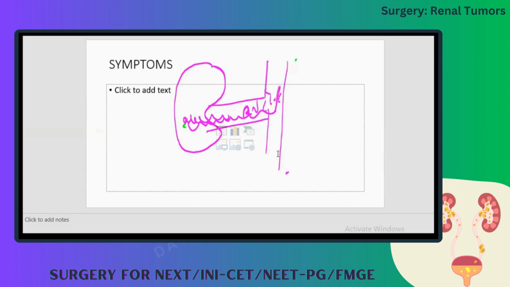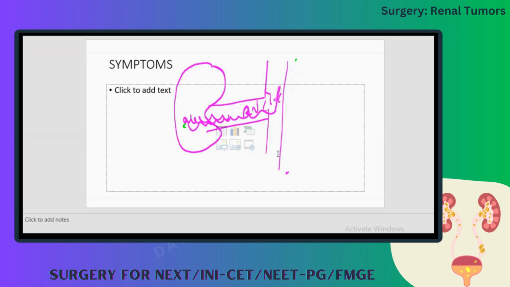Genetic predominance with chromosome number 3 and VHL gene involvement is seen in malignant tumors. Symptoms are mostly late, the triad, which indicates the late stage of the cancer: pain, hematuria, and mass, and loss of weight, etc. Extrarenal manifestations are also seen, which can include electrolyte imbalance, fever, anemia, leukocytosis, polycythemia, etc. The most common extrarenal manifestation is increase in ESR and Stauffer syndrome.